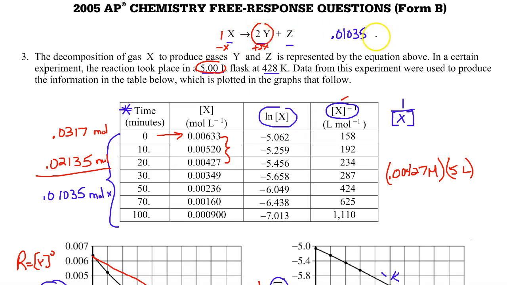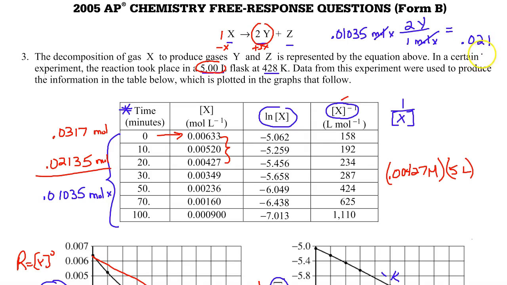I mean, if you want to get fancy, we have mole of X, and then we know that for every 1 mole of X, there's 2Y. But you're timesing it by 2, so let's do that. Times that by 2, and you get 0.0207. I'm going to try to maintain 3 sig figs.